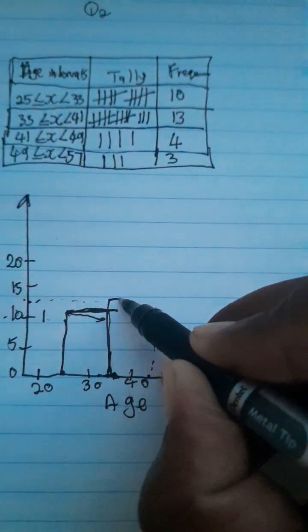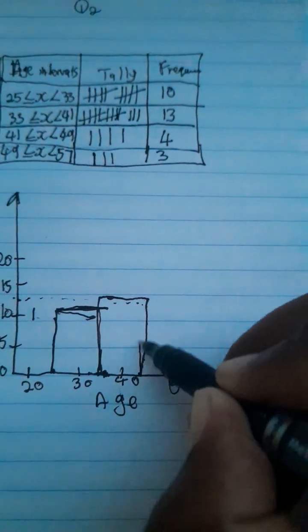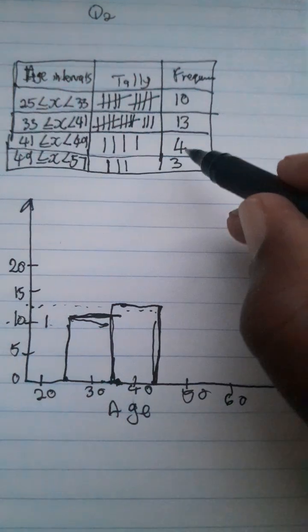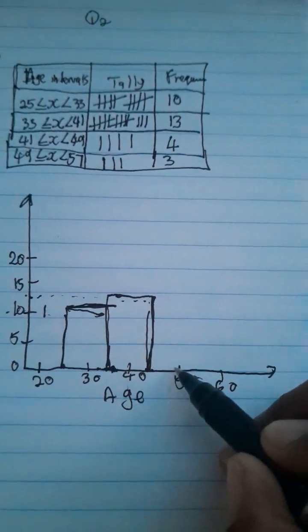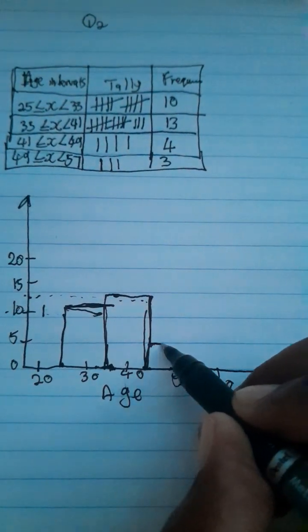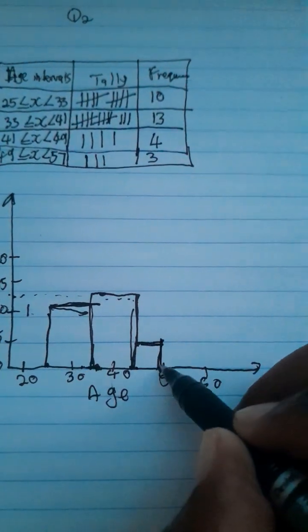It will be a little bit above, near 15. So that will be 13. Then the other one, it's 41 to 49. So which will be 4. It's somewhere here, right?